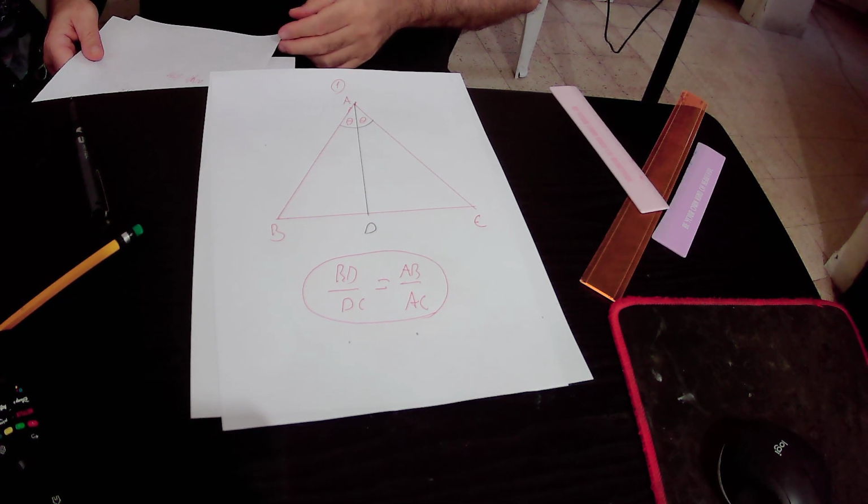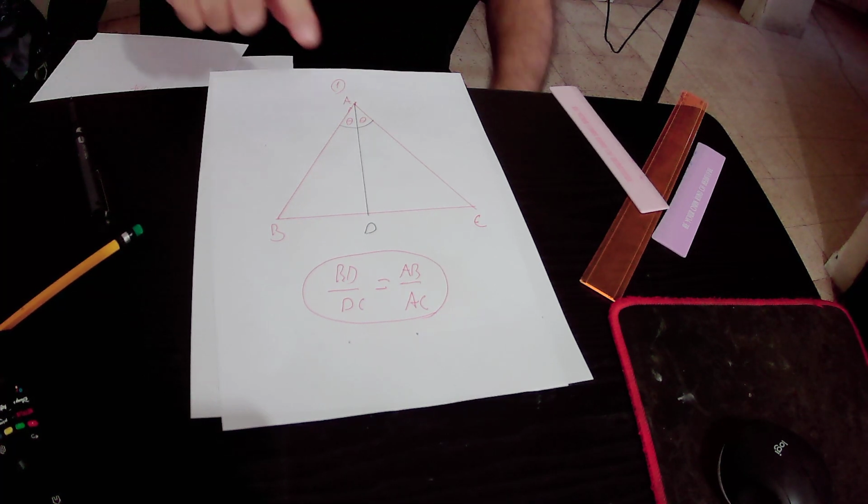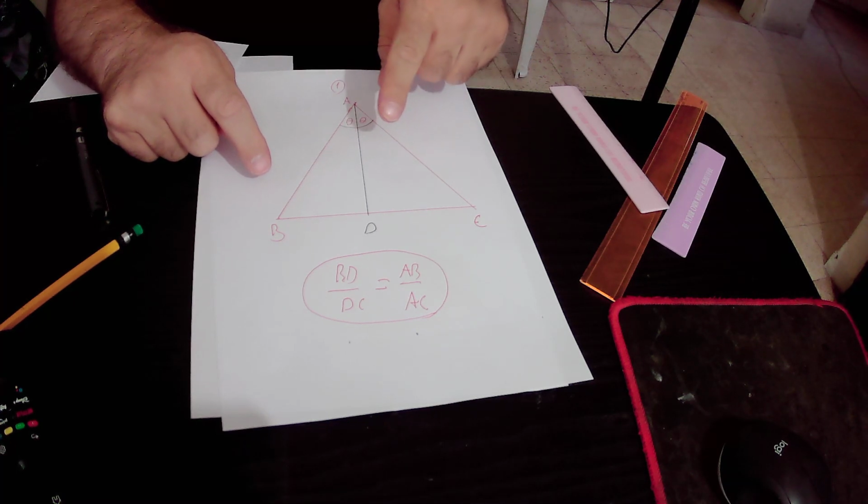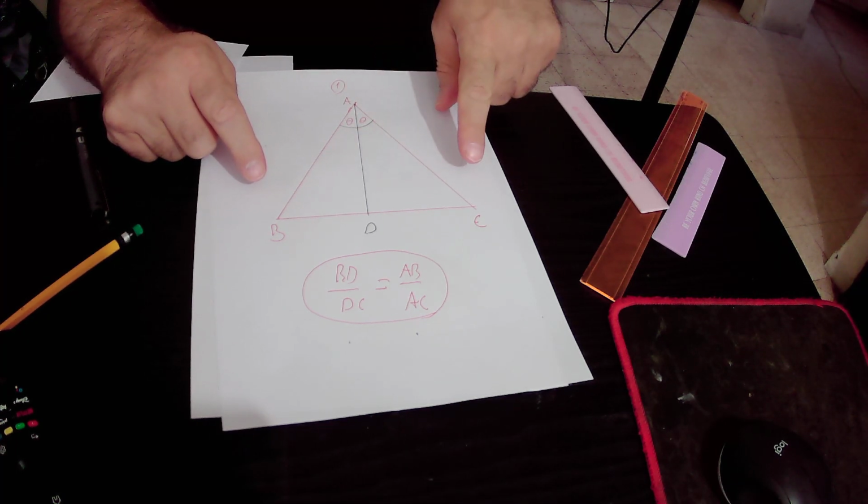an angle bisector divides the side that it meets in a ratio that equals the ratio of the angle legs. So the angle bisector AD divides the side that it meets, that is to say AD meets BC.